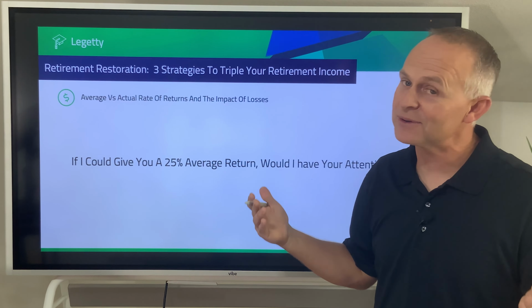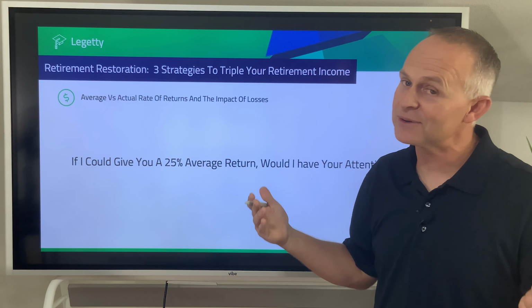Now, yes, this is an extreme example to prove a point, but believe it or not, just a simple 5% every year, or actually a 0. Let's say that the first year, instead of losing 50%, we didn't lose that 50%, and in the second year, we only got a 5% return, not a 100% return.